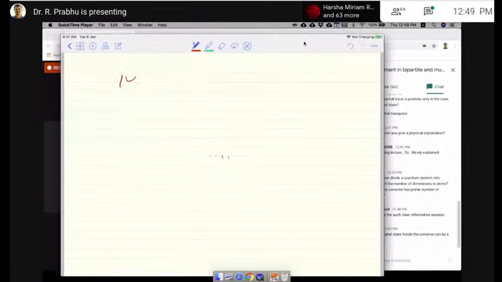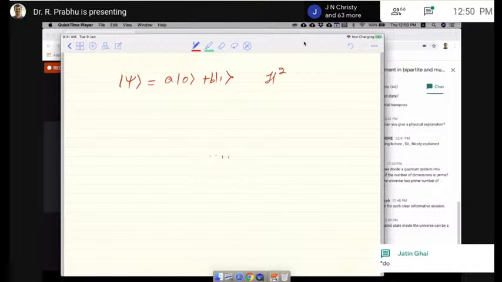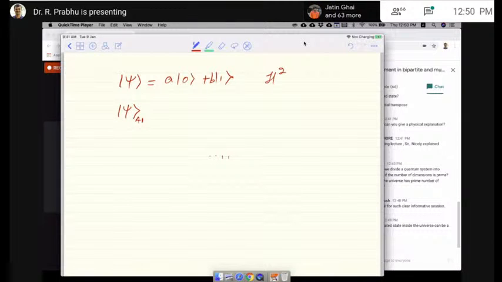If I have a qubit, I will always write it in terms of basis states. This is made up of Hilbert space H2, but this is a single qubit. When I have 3 qubits, A, B, C are the particles.